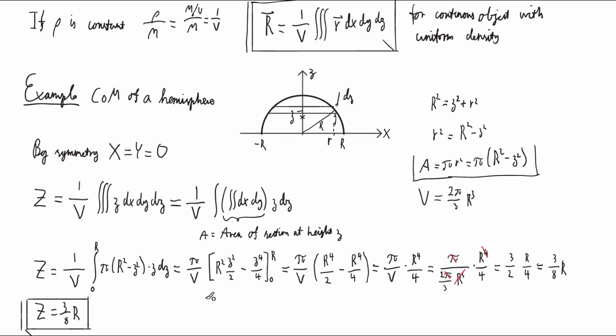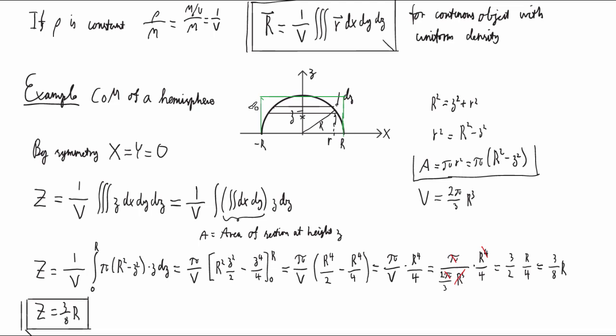So that's the final answer. z equals 3/8 capital R. Whenever you solve a problem, you should make it a habit to check if that's reasonable or not. And we can see that this is a reasonable value, because imagine that instead of a hemisphere, we had a cylinder. So the cylinder seen from side on would look something like this, right?